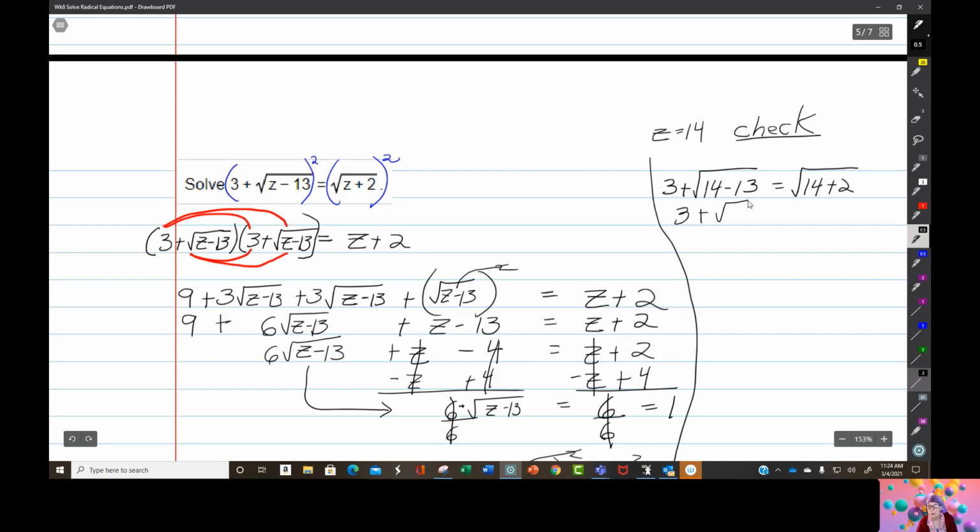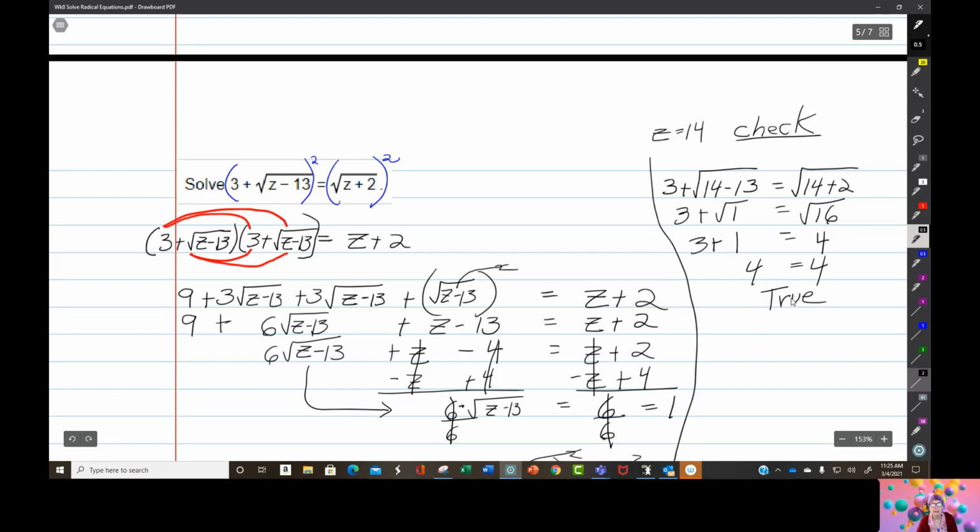We're going to have the square root of 1. 3 plus the square root of 1 equals the square root of 16. 3 plus the square root of 1 is 1, equals the square root of 16, which is 4. 3 plus 1 is 4, so we have 4 equals 4, and that's true.